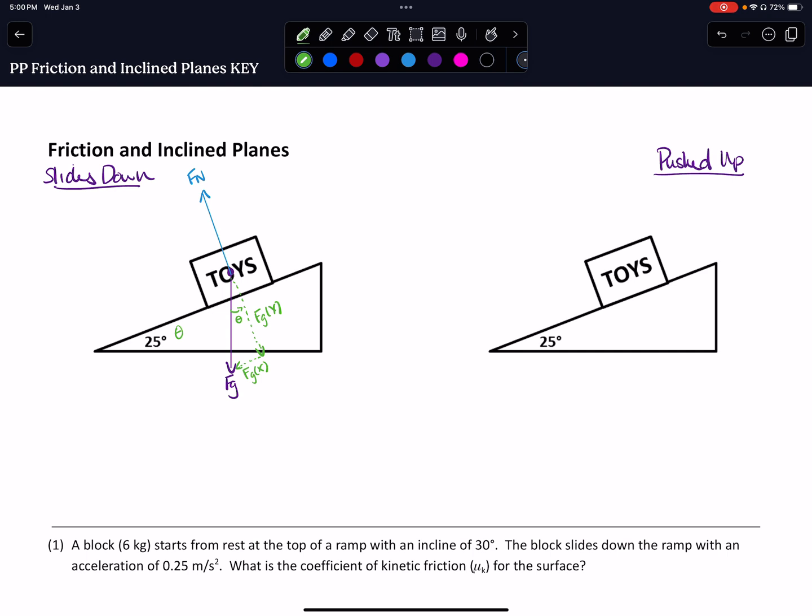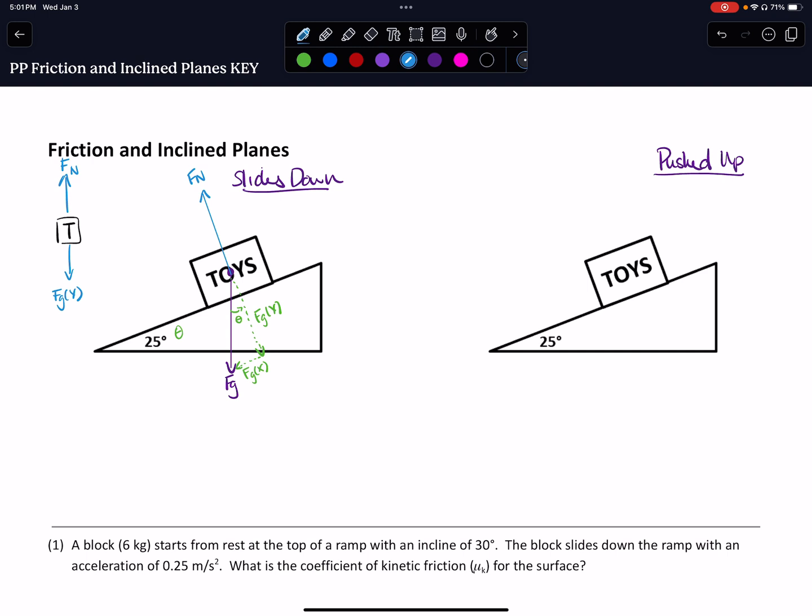Now we need to draw a free body force diagram. I'm going to move this, it's going to be in the way. Let's put it over there. All right, so let's assume that I have my toy box right here. I know that above or supporting that toy box is my normal force, but opposite is not the gravitational force itself, but the y component of that gravitational force.